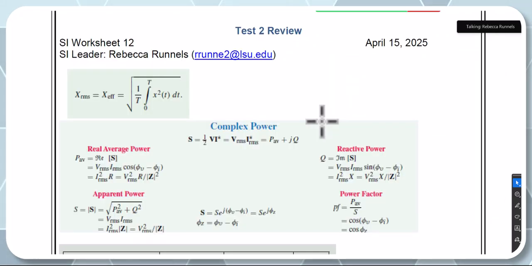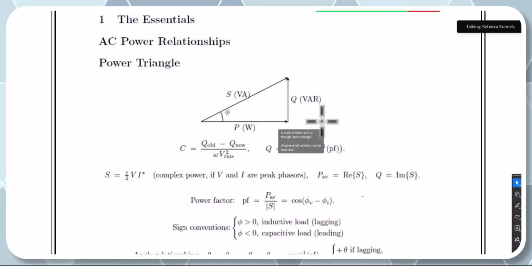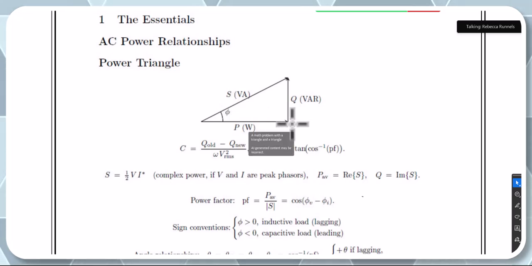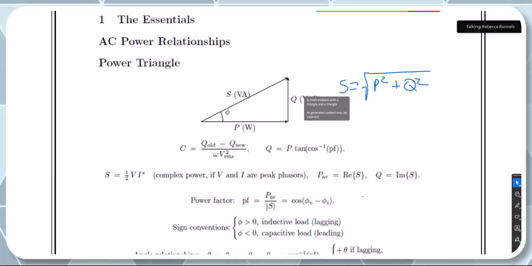So if you go ahead a couple pages and look at the essentials, this power triangle sums it all up, where you see that S is the hypotenuse of a right triangle. So S equals the square root of P squared plus Q squared, where P is the real power and Q is the reactive power. You can also see that angle phi there. That's the angle that gets you the power factor.